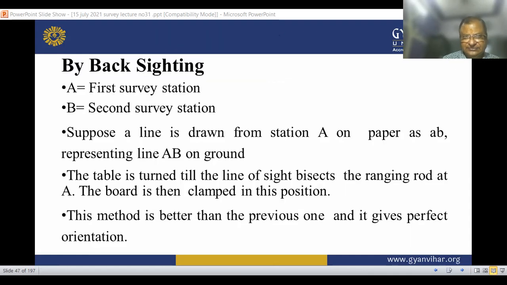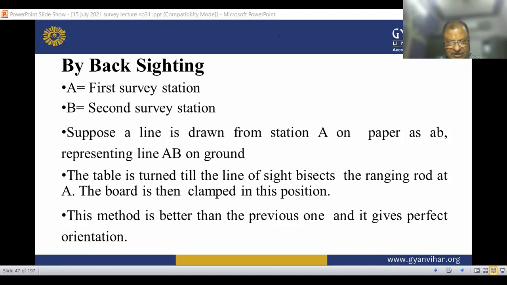By back sighting. A is the first survey station and B is the second survey station. Suppose a line is drawn from station A on the paper as AB, which represents the line AB on the ground.